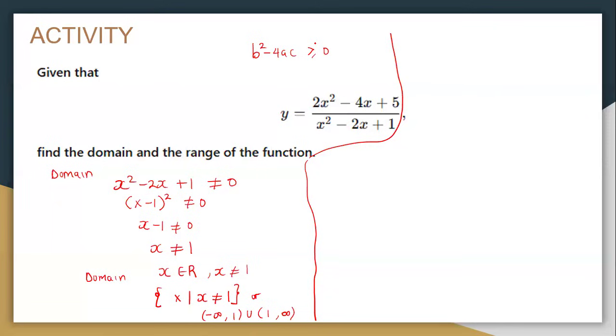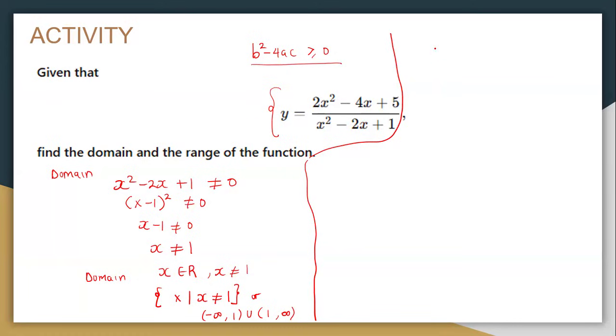Now, when we are finding the range, since we are looking for the y values, we write the whole of this equation in terms of y. And then we use this condition for the discriminant to be able to get that particular value.